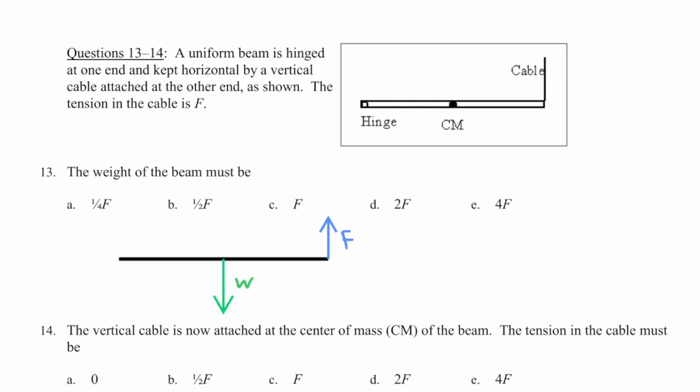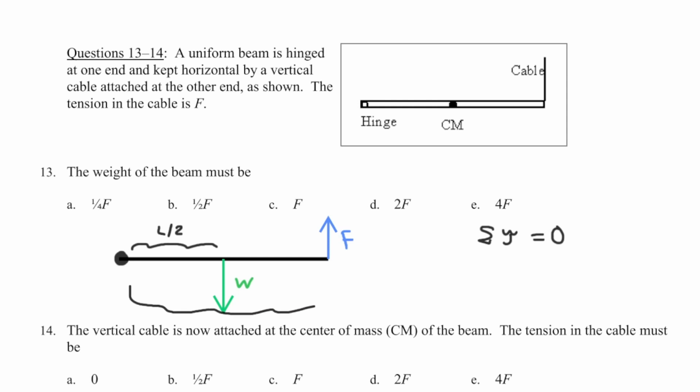And we're also given that there's a hinge right here. Given the fact we don't know anything about what's happening at the hinge means that that should be the point where we're summing our torques around. So this distance right here is just going to be L over 2.